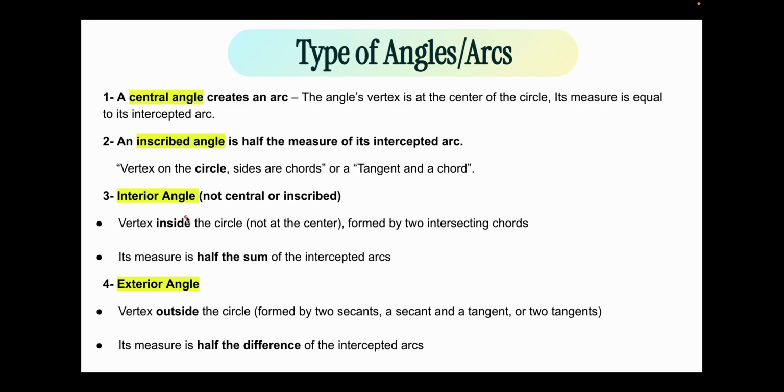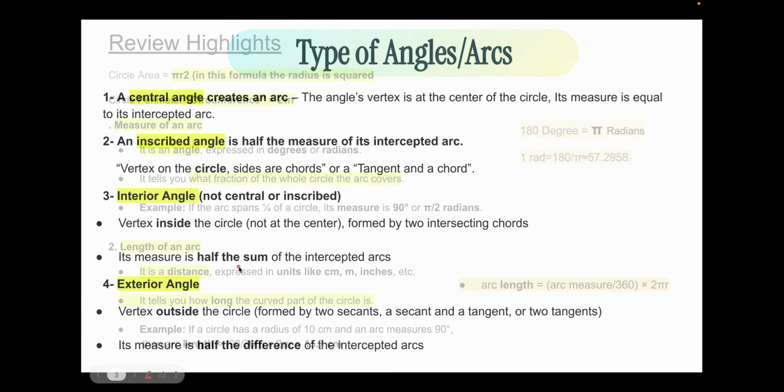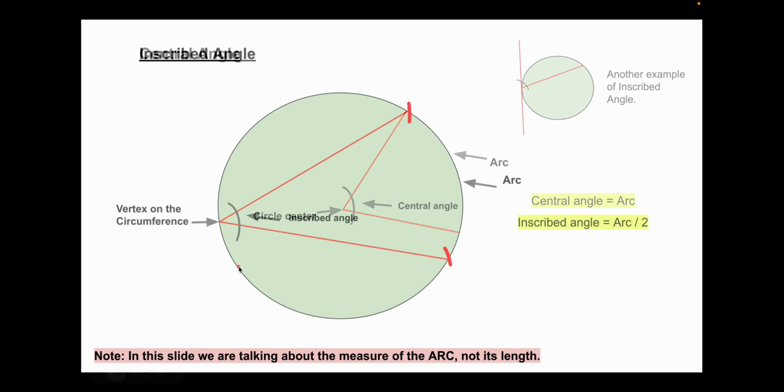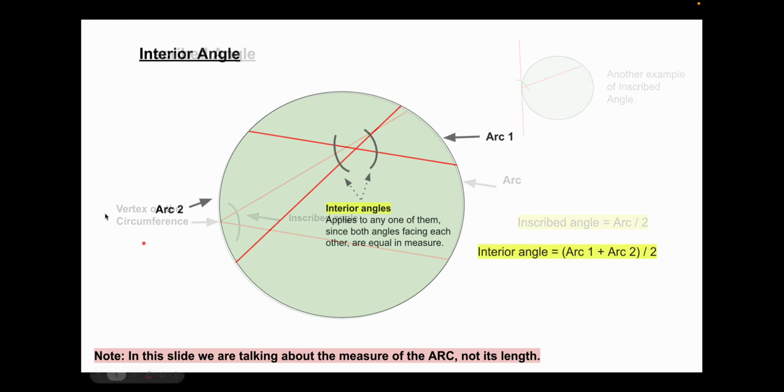The third type of angle is interior angle, not central or inscribed. The vertex is inside the circle, not at the center, formed by two intersecting chords. Its measure is half the sum of the intercepted arcs. And this is an example of an interior angle.